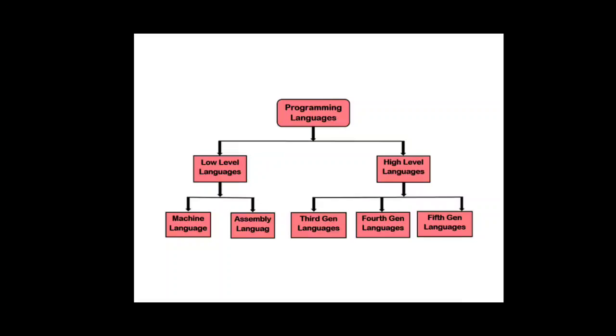In high level languages, we have three categories: third generation, fourth generation, and fifth generation. But in the book, we have only two generations, the third and fourth generation. About this flowchart of computer languages, we will see in the next class.